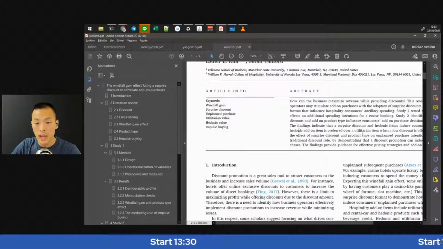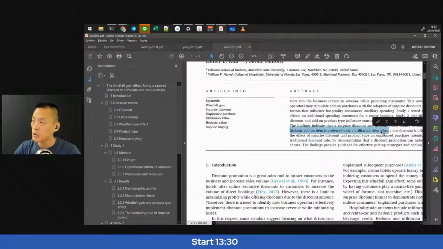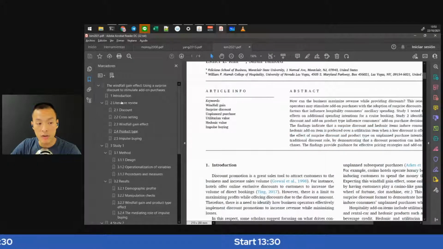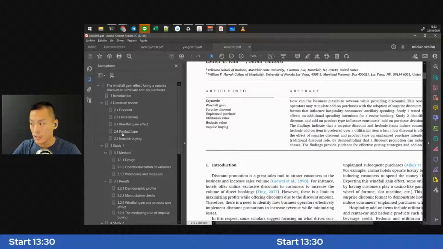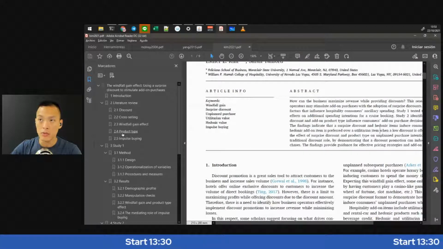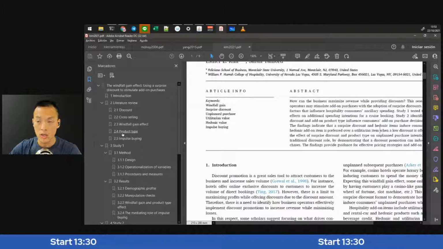From the abstract, you know there are at least 2 product types that give you different effects when it comes to giving discounts. If you don't know what they mean, you know immediately from the structure of the paper that 2.4 is the section you should pay attention to. So when you skim through it, make sure to skim 2.4 slower compared to the rest of the paper.